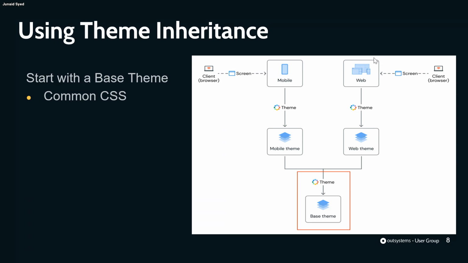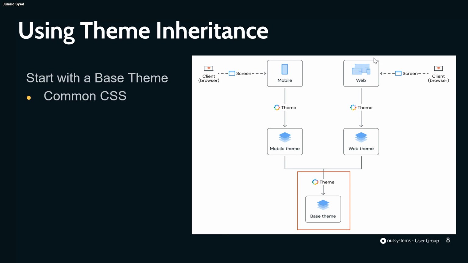In that case, the CSS would still be common for both the applications, so they would have a common base theme. It would have the bare minimum common elements which are applicable to both the mobile as well as the web application.